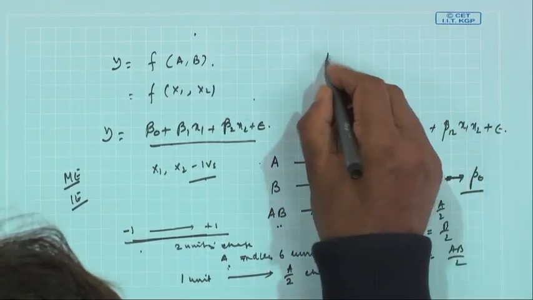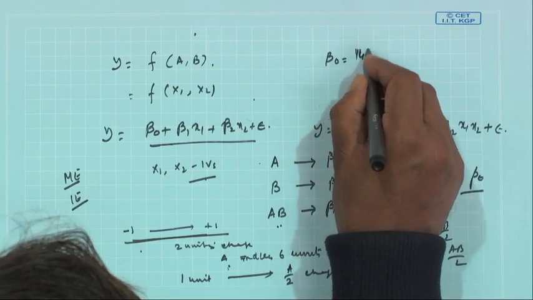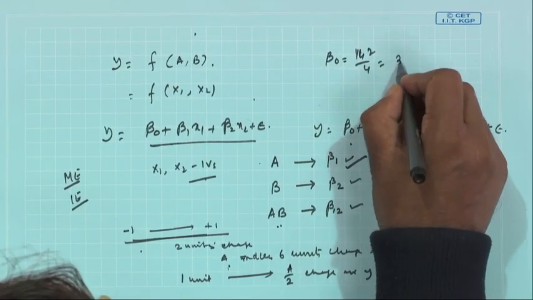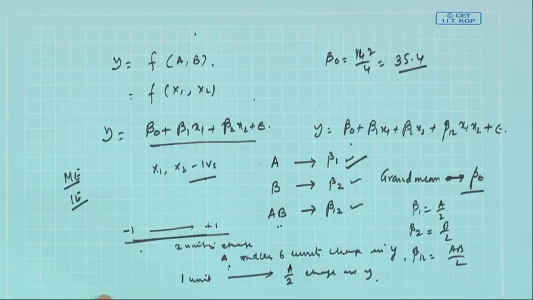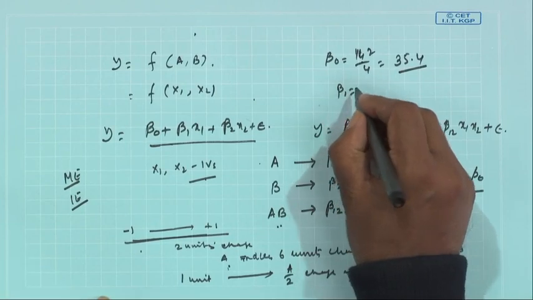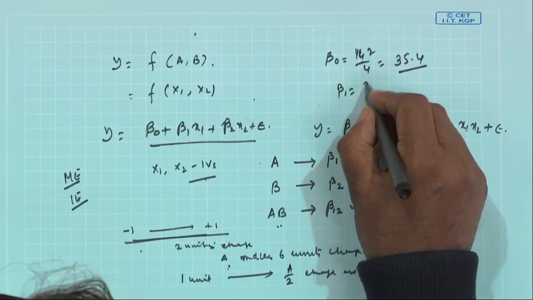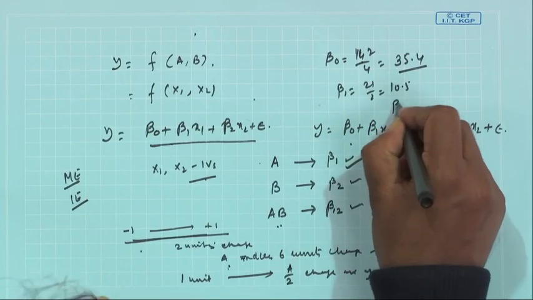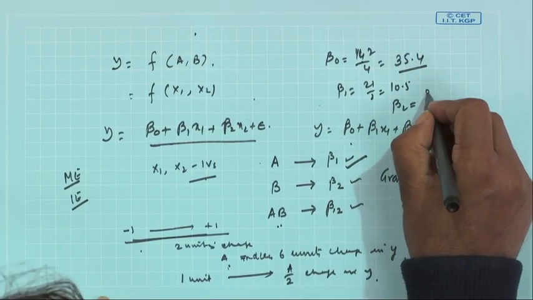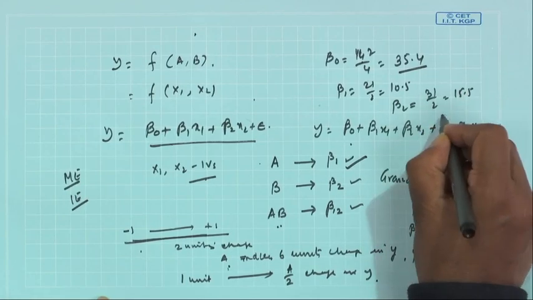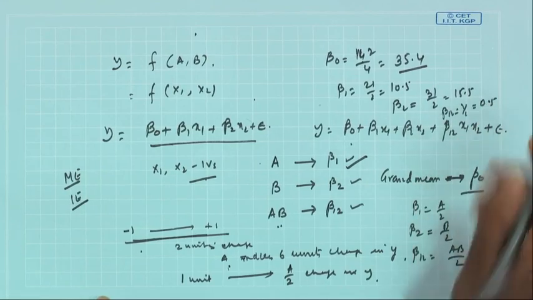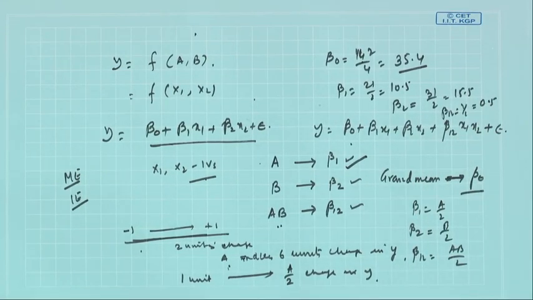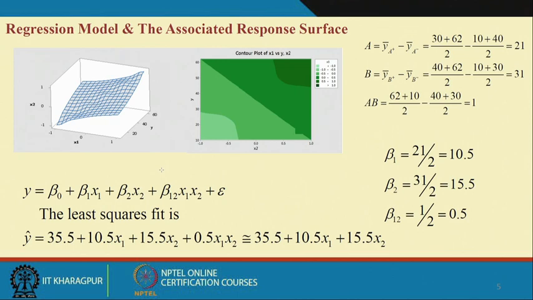For the first example, beta 0 will be 142 divided by 4, that is 35.5. What is beta 1 value? Beta 1 is 21 by 2, that is 10.5. Beta 2 will be 31 by 2, that is 15.5, and beta 1 2 will be 1 by 2, that is 0.5. Then what will be the resultant regression equation? So, resultant, okay, this is 35.5 maybe, okay.